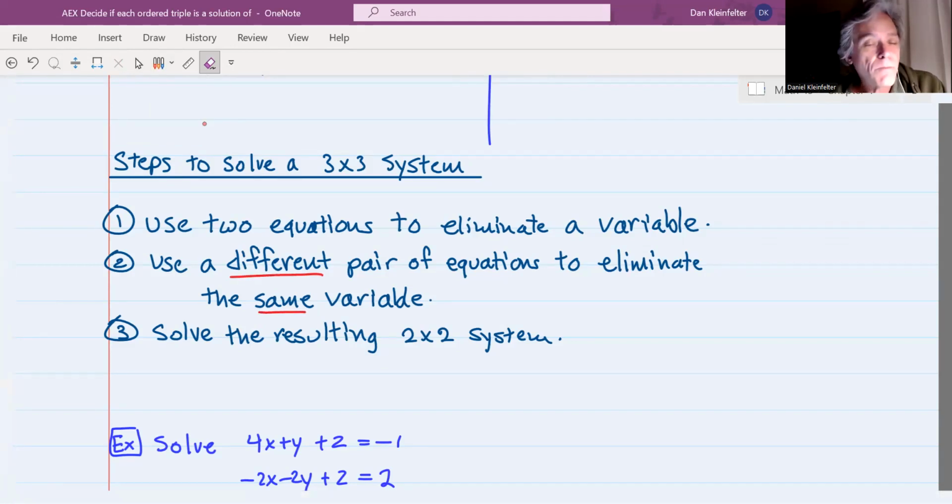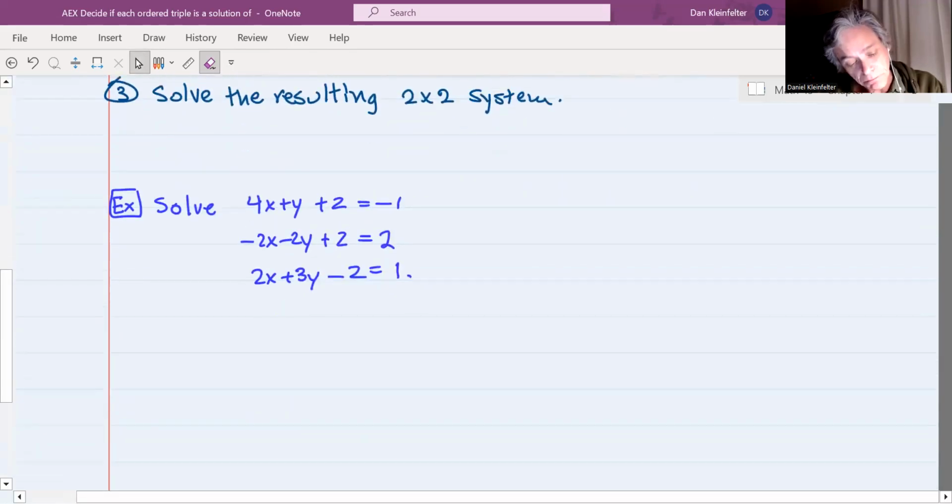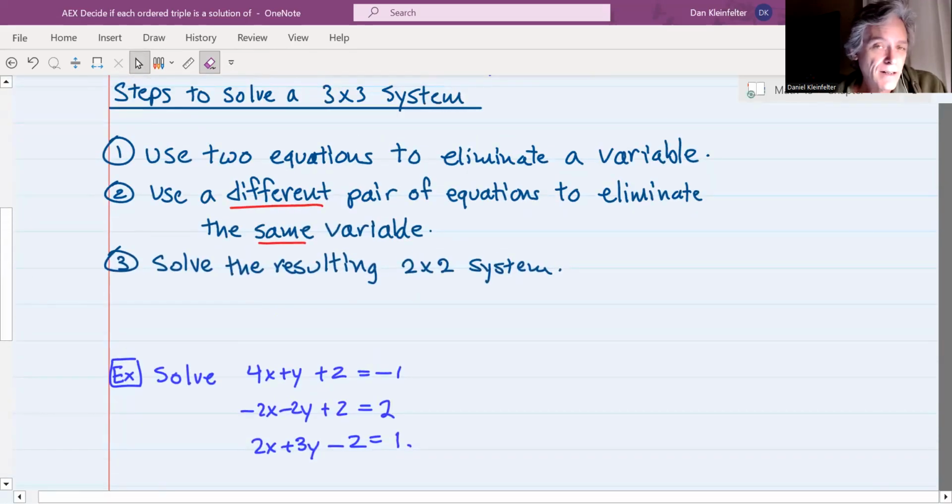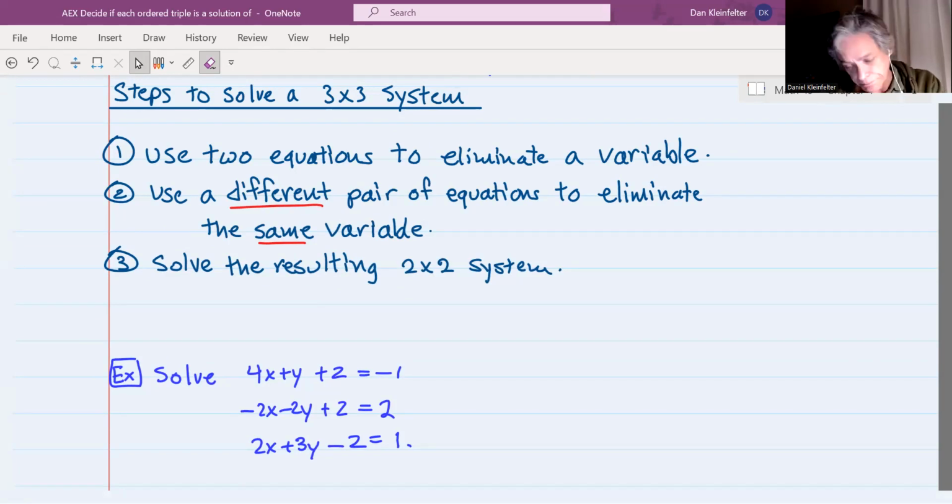So the first step, use any two equations you want to eliminate whatever variable you want. Total freedom in that first step. Once you've committed, you need to eliminate the same variable in step 2 by using a different pair of equations. This will give you a 2x2 system that you can solve. And then once you've found the solution to that 2x2 system, you can back substitute to get the solution to the 3-variable system as a whole.